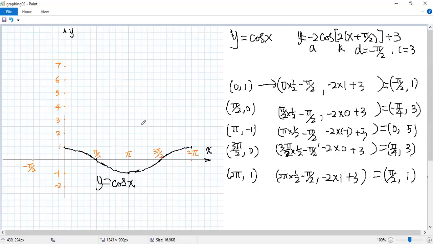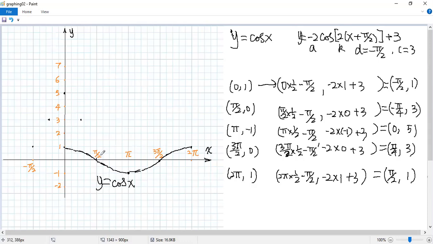So let's plot them. Negative pi over 2, 1. Negative quarter of pi and 3. 0 and 5. A quarter of pi and 3.